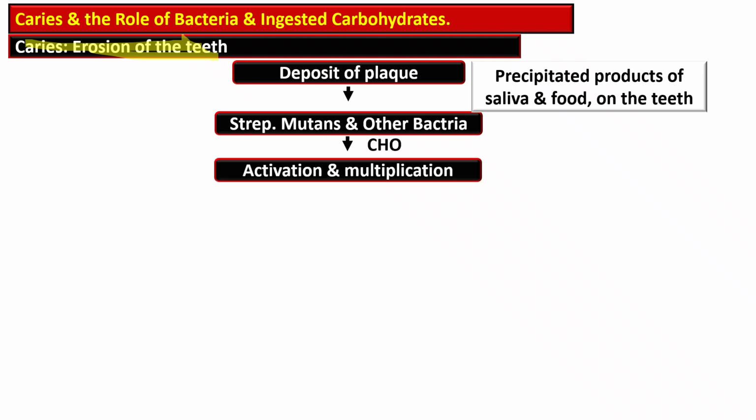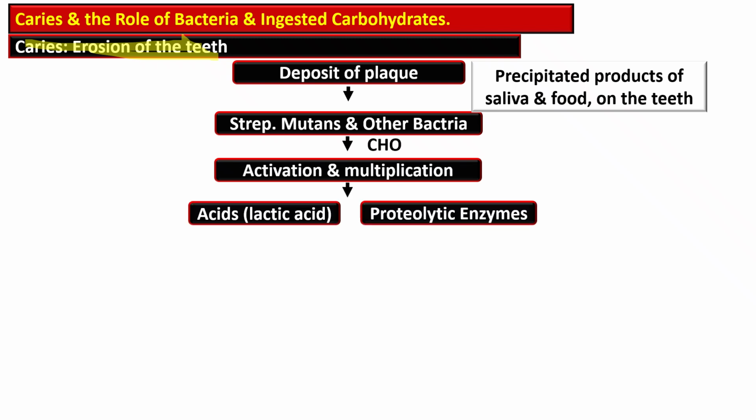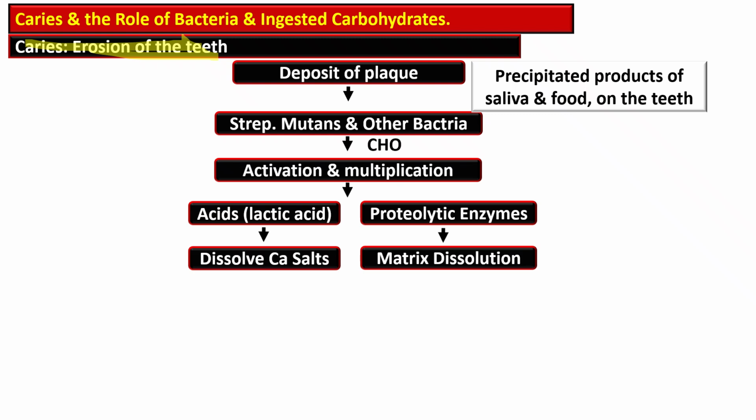There is initially a formation of plaque, that is a film of precipitated saliva and food products, and this plaque functions as host to a large number of bacteria. For their nutrition these bacteria prefer carbohydrates, so carbohydrate metabolism will lead to bacterial proliferation.